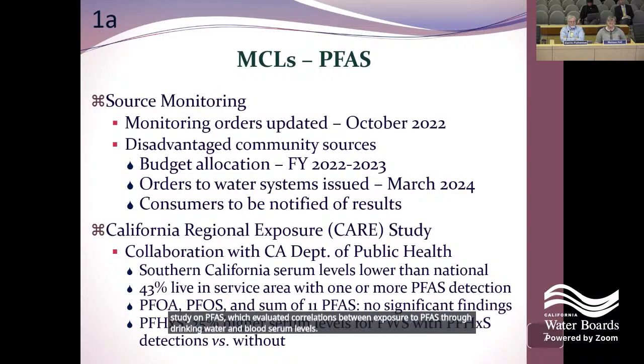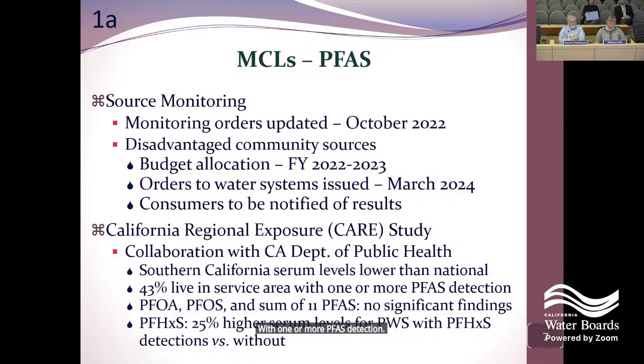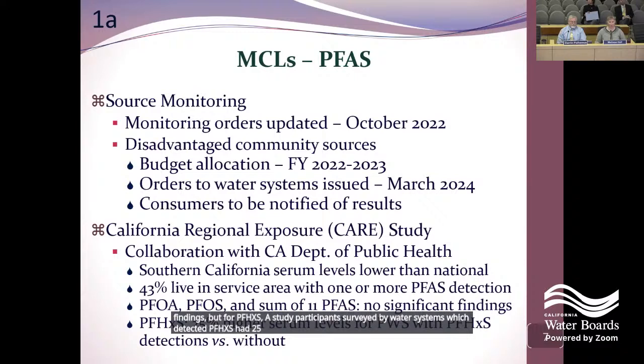Overall, the study found that PFAS levels in studied Southern Californians were lower than those found nationally, that 43% of study participants lived in a service area with one or more PFAS detection in the drinking water source, that for PFOA, PFOS, and the overall sum of the 11 PFAS analyzed, there were not any significant findings, but that for PFHxS, study participants served by water systems with detected PFHxS had 25% higher serum levels than those served by systems with no detected PFHxS. Next slide, please.